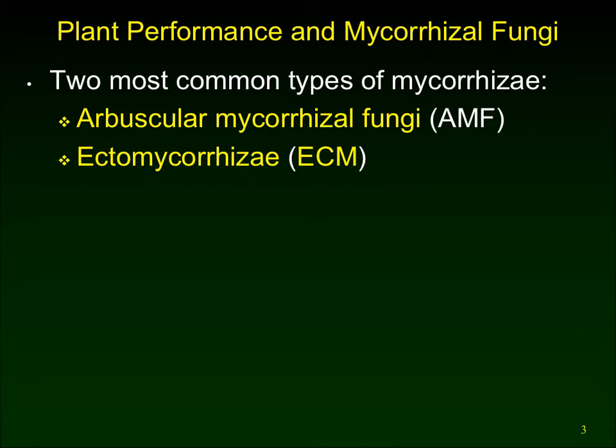Now, the hyphae of the fungus, the filaments, and the vesicles serve as energy storing organs. The ectomycorrhizae forms a mantle around the roots, and they're important in increasing plant access to various nutrients, particularly phosphorus. So you'll notice the two types there.